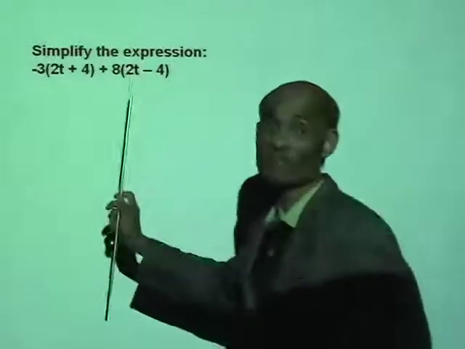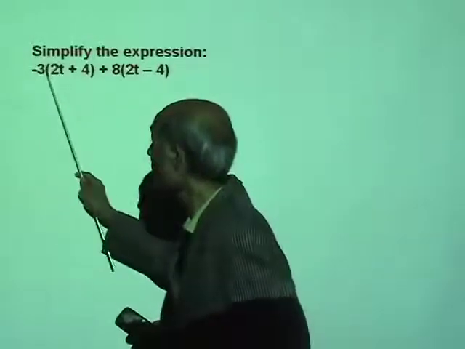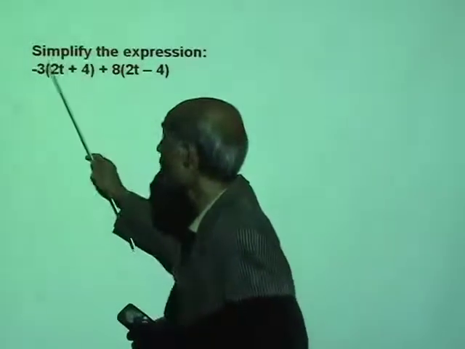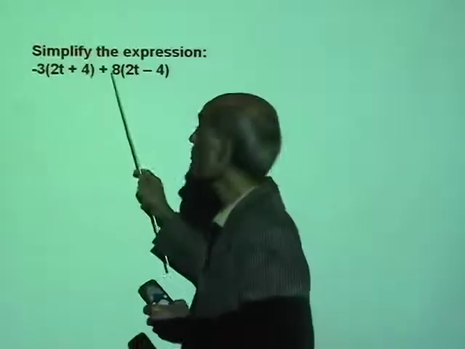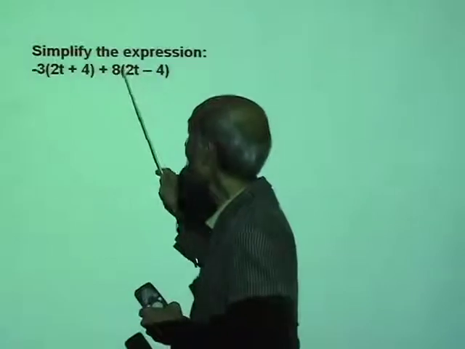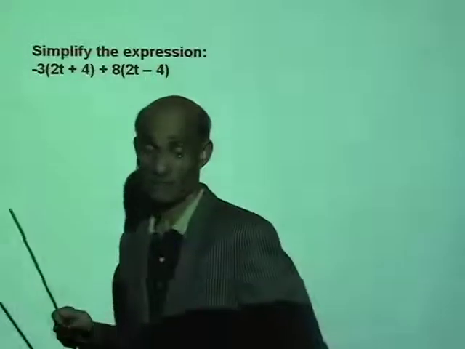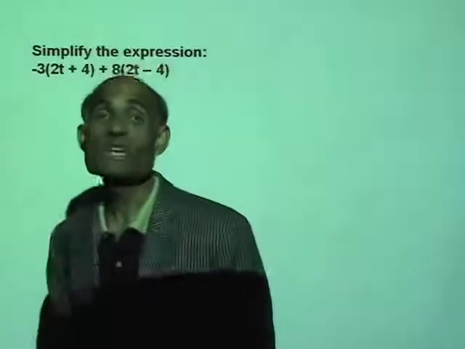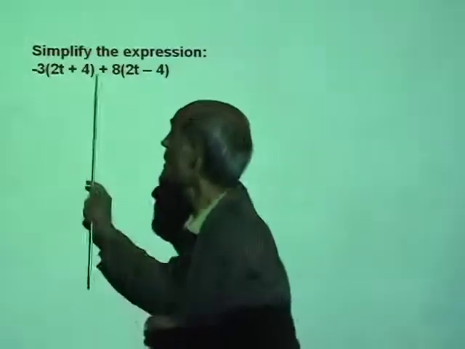Okay, let's do another one. Simplify the expression. Now read it carefully. Negative 3 multiplied by what is inside the parenthesis, 2t plus 4, plus 8 times 2t minus 4. Now you notice here, you need to do distribution. Distribute what?